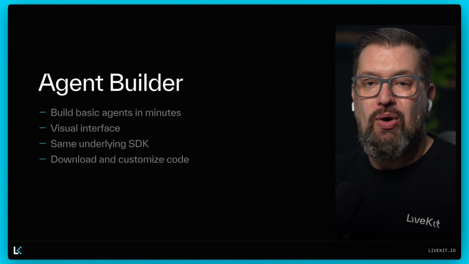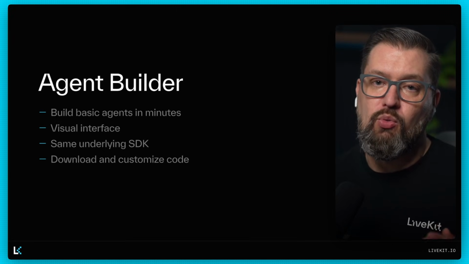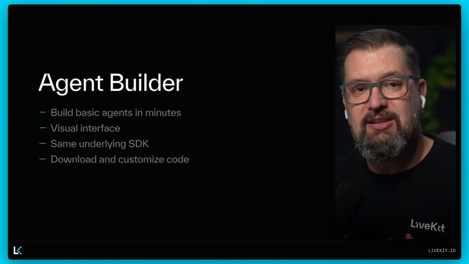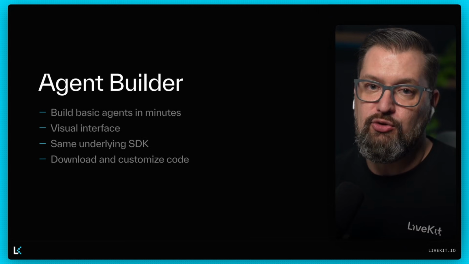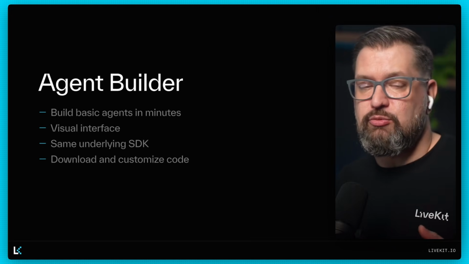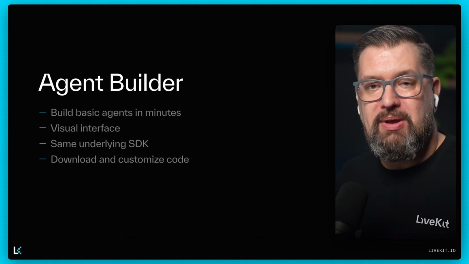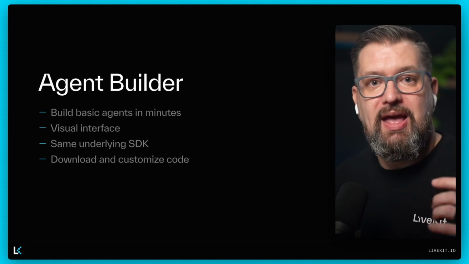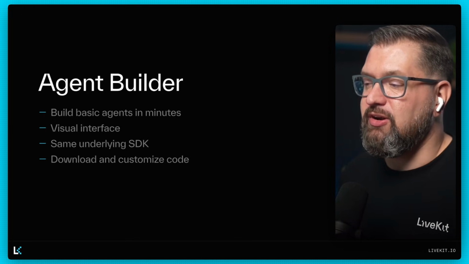And when you're ready, one-click deploy pushes your agent to LiveKit Cloud. If you want a full walkthrough of Agent Builder specifically, go check out our other video tutorial on that. I'll leave a link in the video description. You can find Agent Builder in your LiveKit Cloud dashboard under Agents. So go build a basic agent there, download the code, and you'll recognize those same patterns and components that you built from scratch here in this workshop.